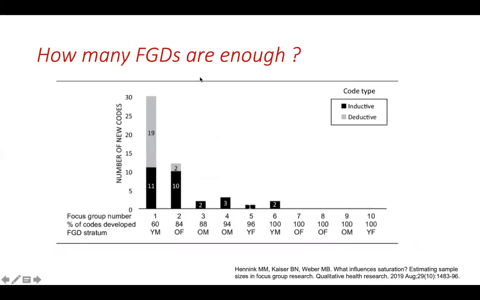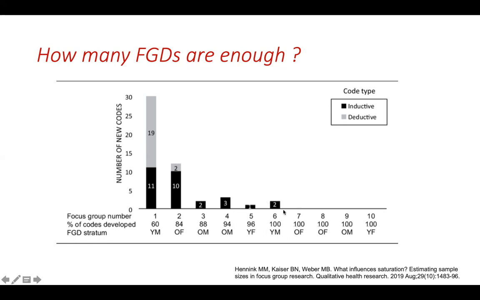Similarly, how many FGDs are enough? This is also a study by Dr. Henning. The y-axis is the number of new codes generated, and the x-axis is the focus group number. At the first FGD, 60% of the codes were developed. By the second FGD, 84%, third FGD 88%, fourth FGD 94%, fifth FGD 96%.